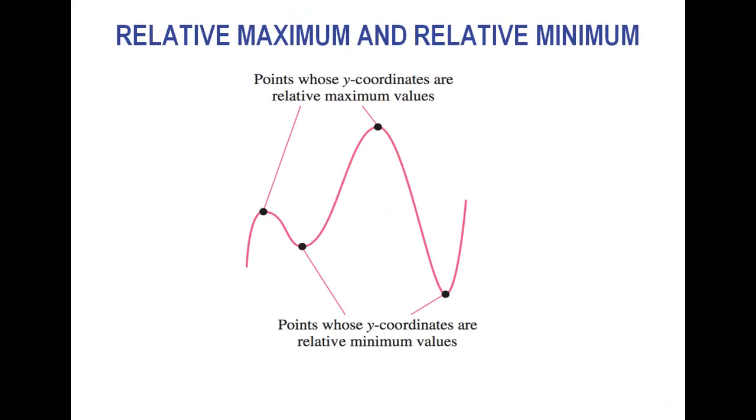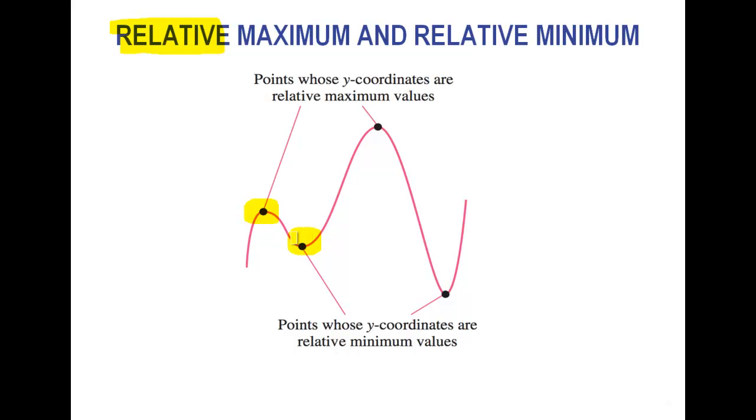So these are relative mins and maxes, right? Even though this height is not the highest point on this entire function, it is the highest point in this neighborhood, right? So that's why it's a relative maximum. It's the highest point relative to a neighborhood around it.